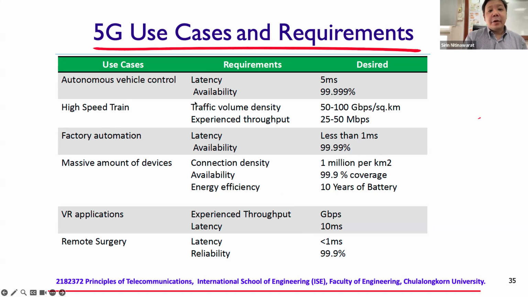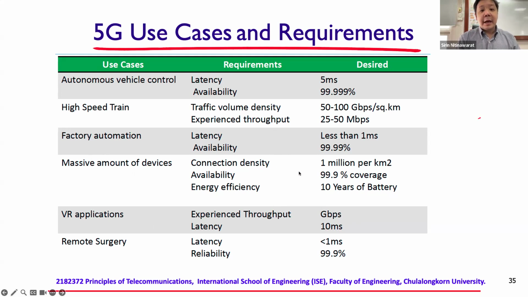High speed train, a lot of traffic volume density and very high throughput, because a lot of people are in the same train using a lot of data. VR application as well. This is in the eMBB category.